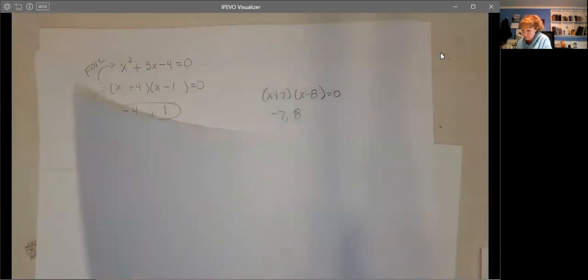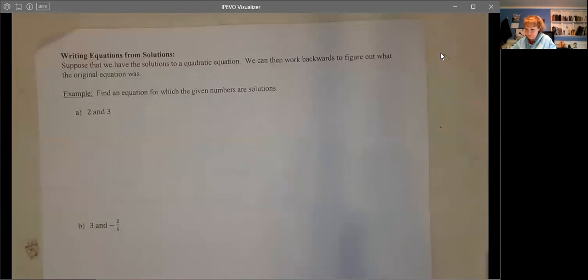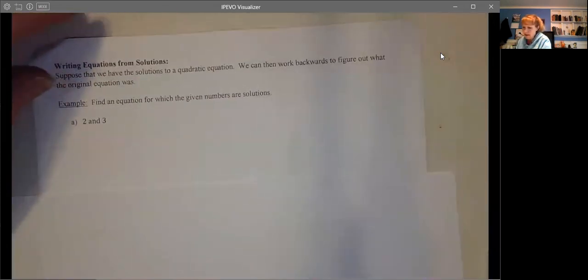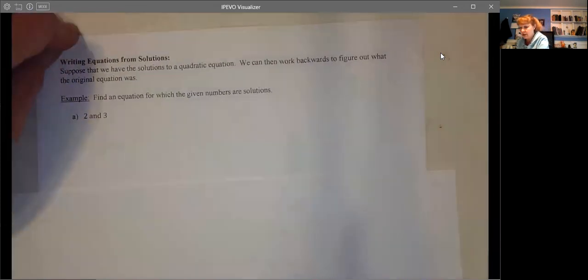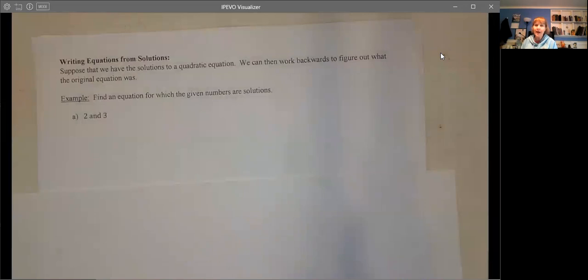So let's go ahead and look at our first problem there, this one here. Let's find an equation. Now you're saying an equation. It may not be the equation. We have to have some information to come up with an exact specific equation. But given just the two solutions of 2 and 3, what would this equation look like?